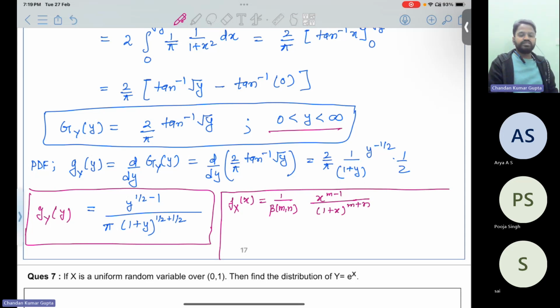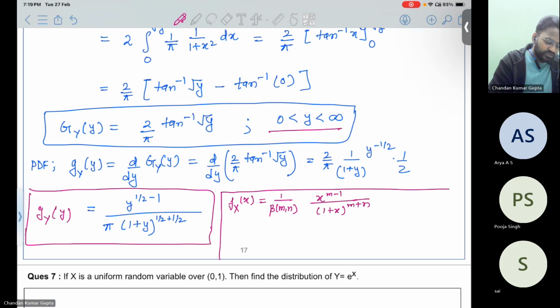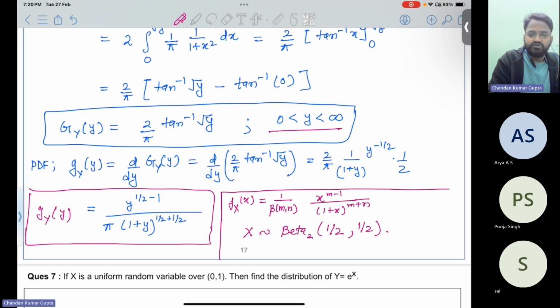This is the PDF of the beta distribution of the second kind. So from here, after comparing, you will find beta of the second kind with parameter values m equal to half, n equal to half. Any doubt up to this point?